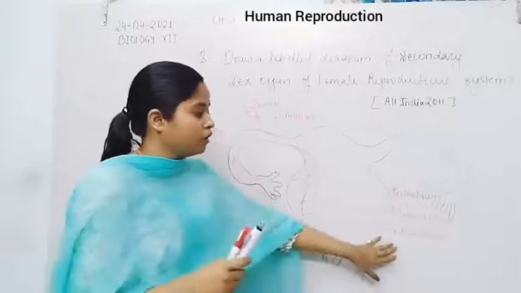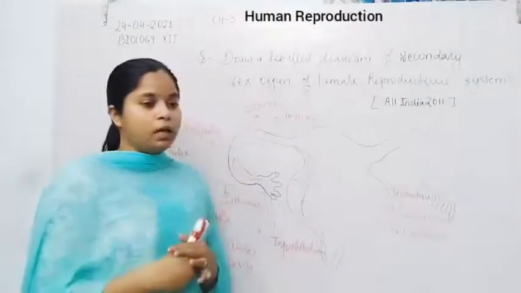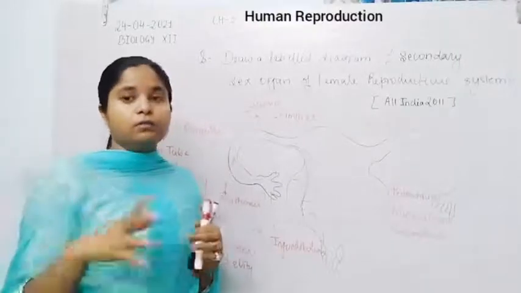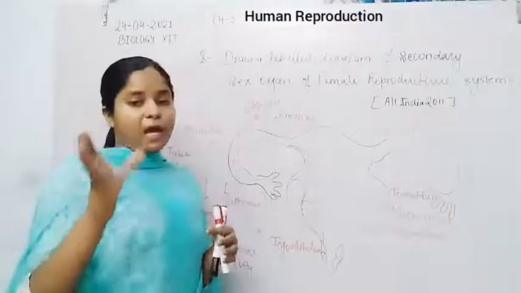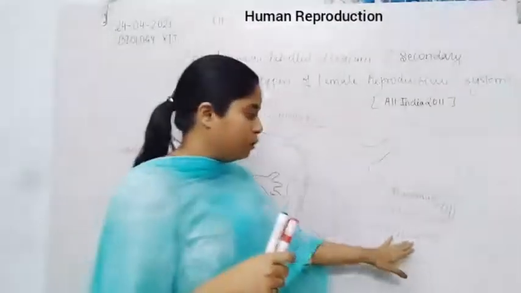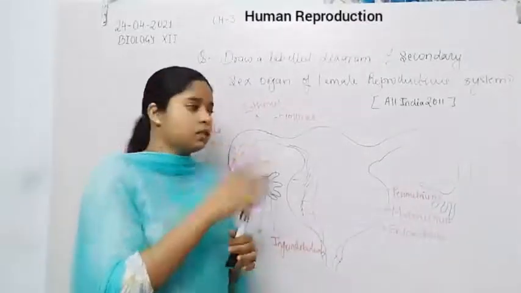The formation of the endometrium wall always takes place during a month. And if the egg is not fertilized by the sperm, then both the egg and the endometrium wall pass out in the form of menses.